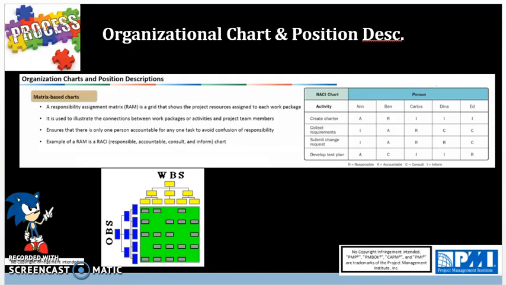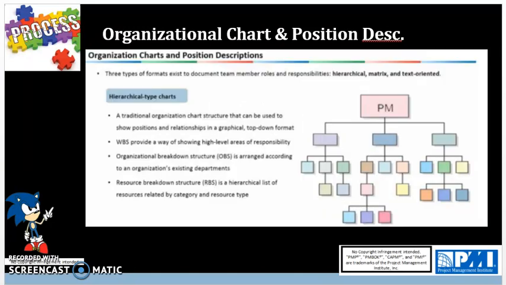Then next we have organizational project charts. Here this shows an example of an org chart of a projectized organization, and the org chart shows the project manager and a project management office as the head of the organization. But in most organizations there is a balanced matrix that exists between the project manager and functional managers.